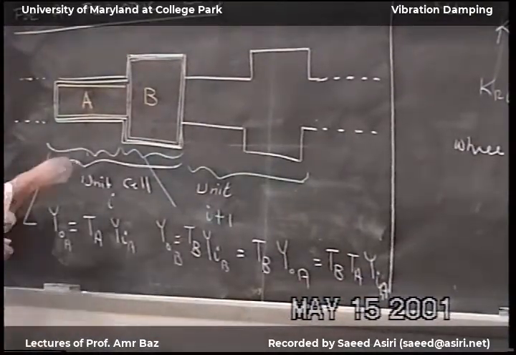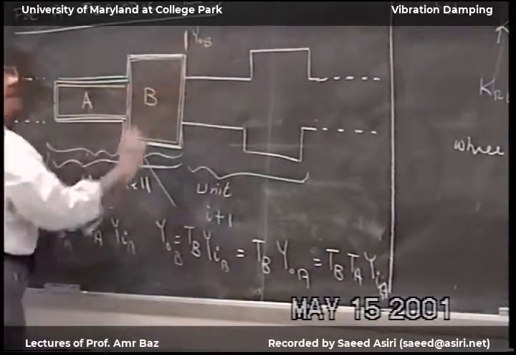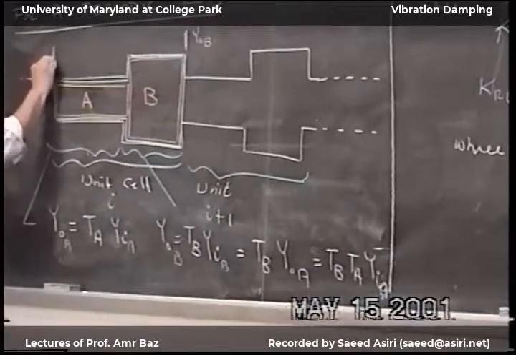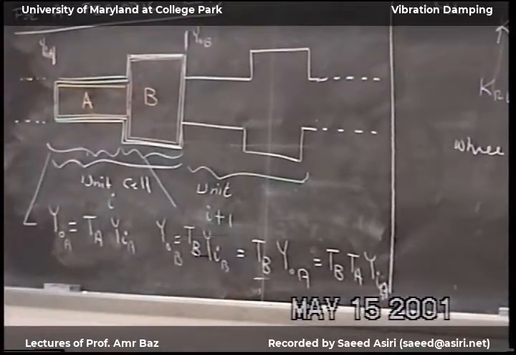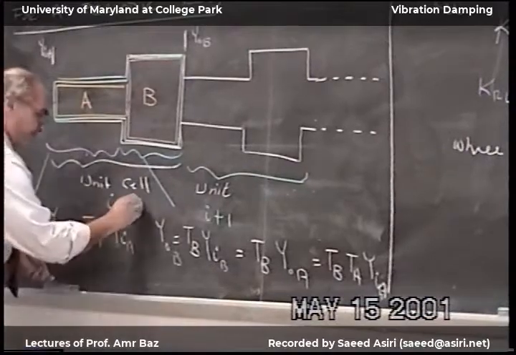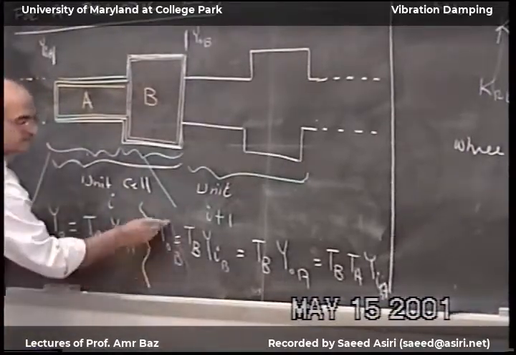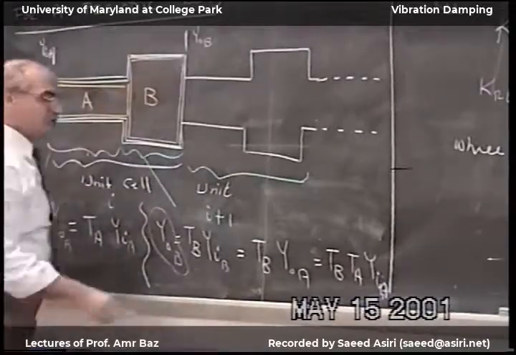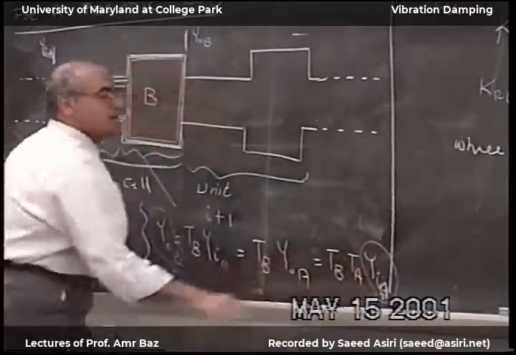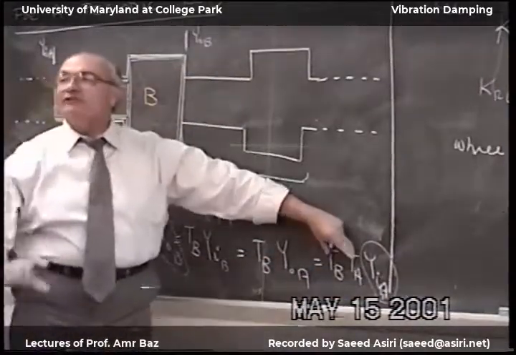The output from here is related to the input from here. Y output from B related to Y input of A by the multiplication of these two matrices.